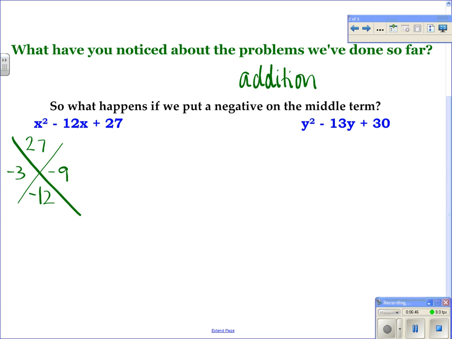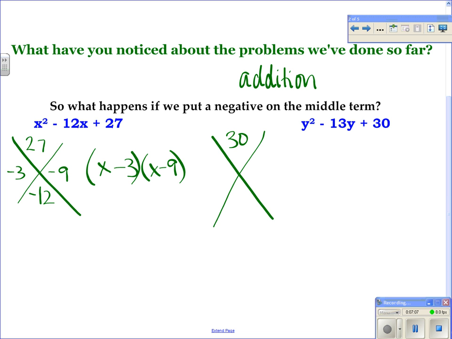When you add them, negative 12. So what will my answer be? Good. So the next one, we have 30 and negative 13. Negative 10, negative 3.